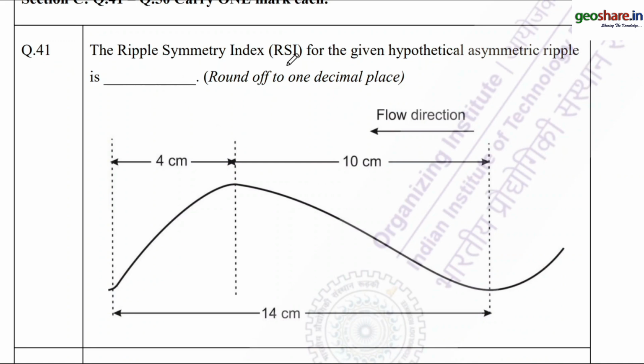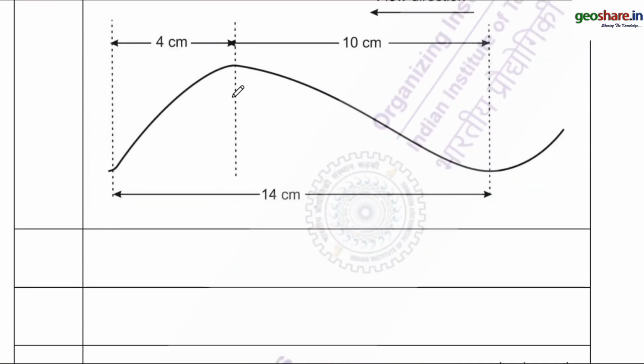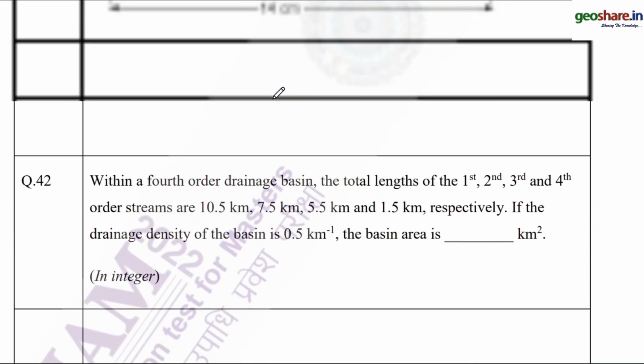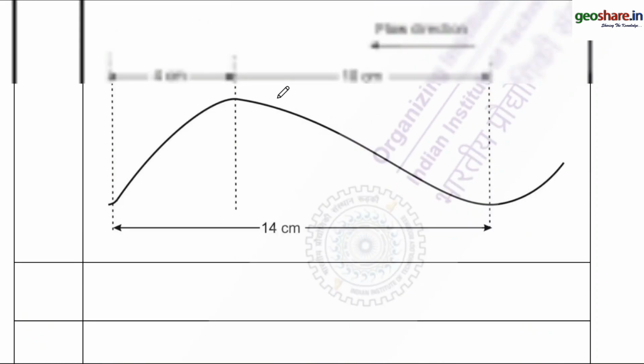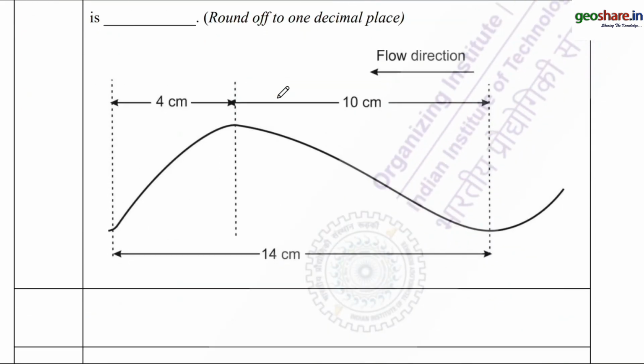The ripple symmetry index RSI of the hypothetical asymmetric ripple is... the answer will be 2.5.